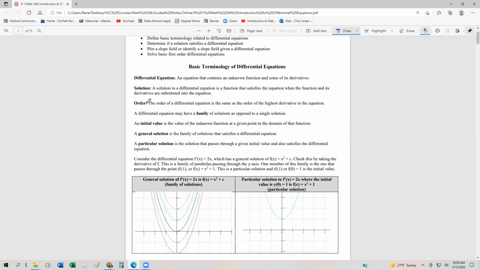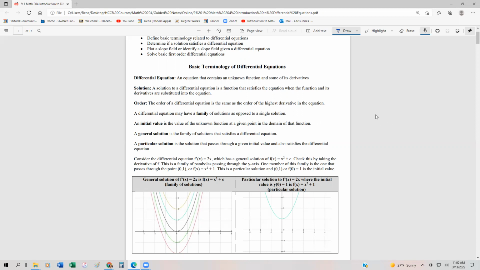The order is the number of derivatives, or the highest derivative in the equation. A differential equation may have a family of solutions, and we'll see an example of that in a few moments. An initial value is a value that tells us a point that falls on a curve that is a specific member of a family of solutions.